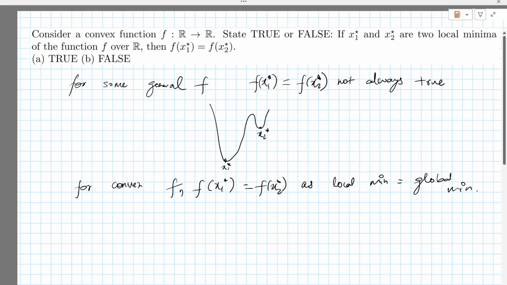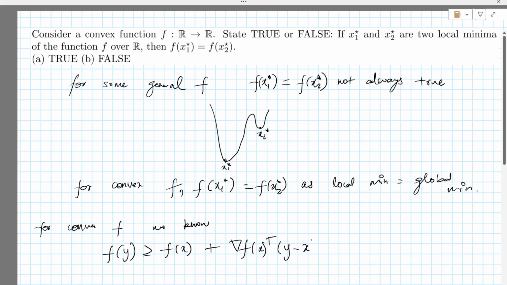because for convex f we know f of y is greater than or equal to f of x plus gradient of f of x dot product with y minus x, for all x, y.